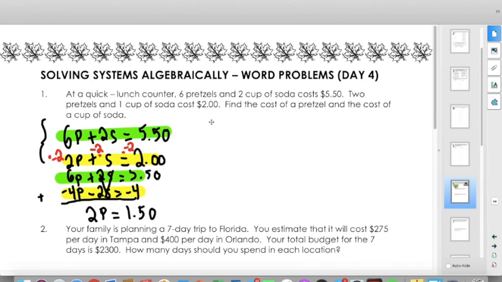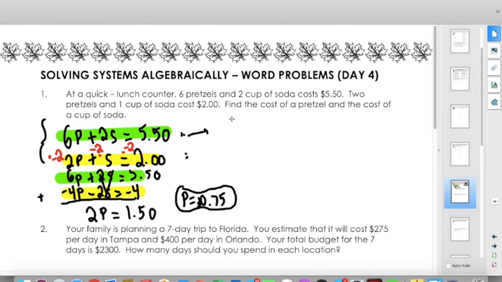If I do that division, P would be equal to 75 cents. So P is 0.75. Once we find one letter, it makes life super easy. I just need to substitute back into one of these two equations. It doesn't matter which one. Let's just do this one.